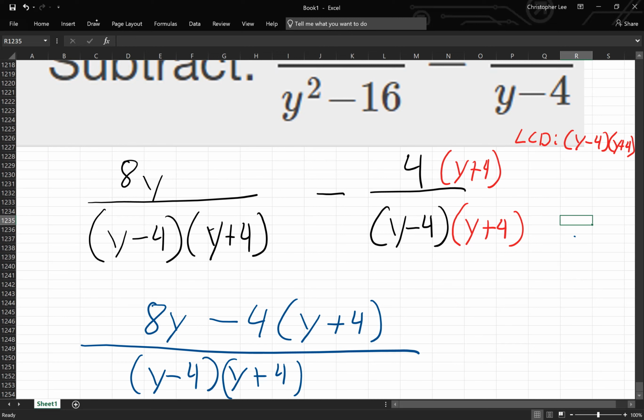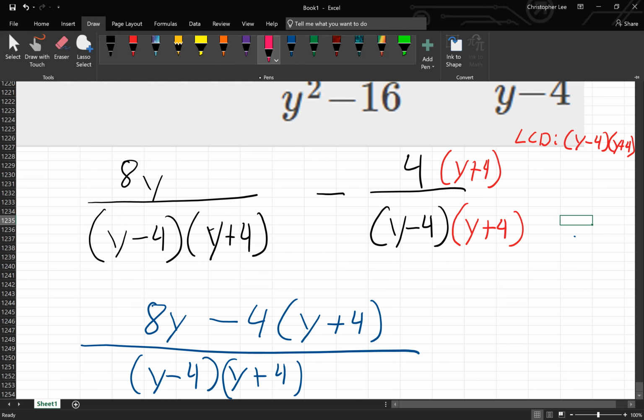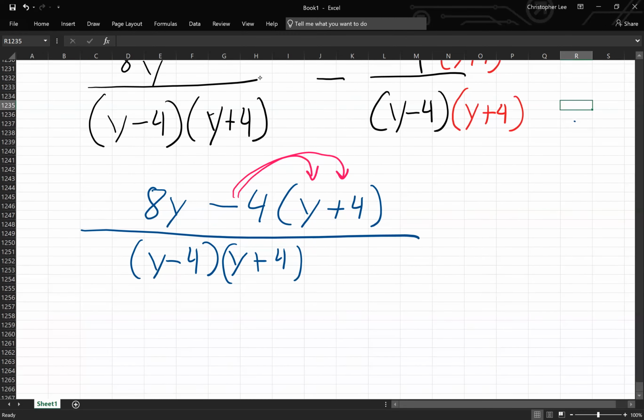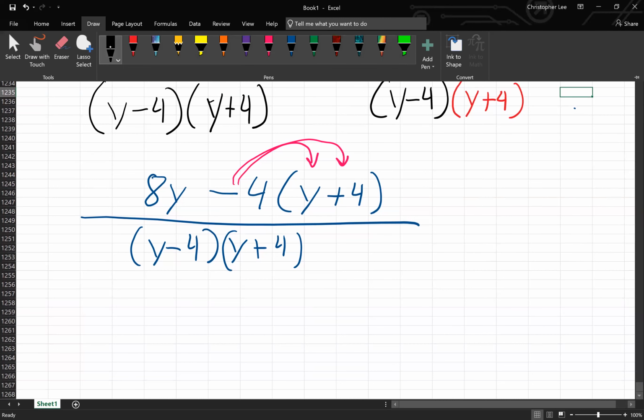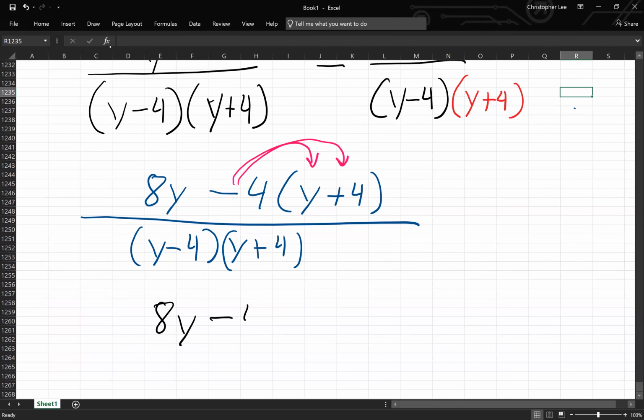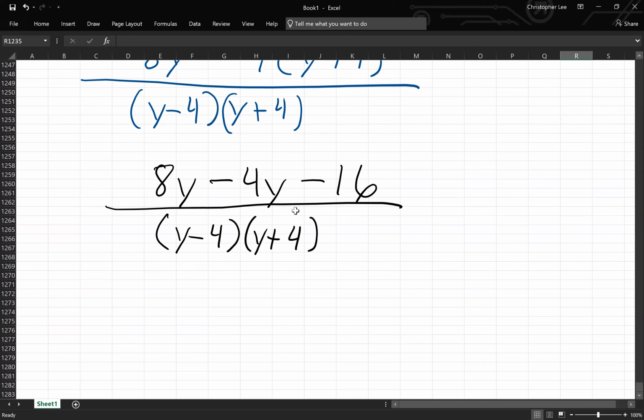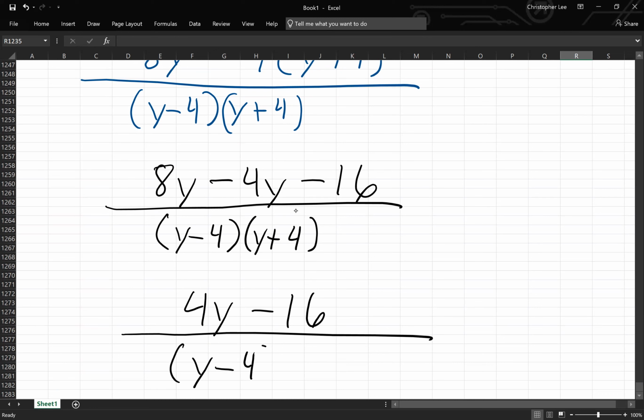What am I going to do here? Distribute, right? Distribute. But what am I distributing? The -4, right? So now what do I have? I have 8y minus 4y minus 16, right? All over the y minus 4, y plus 4. Combine like terms, what do I have? I have 4y minus 16 over y minus 4, y plus 4.